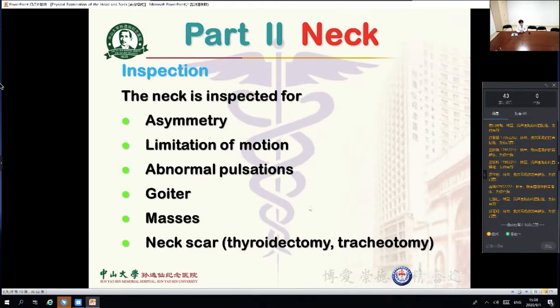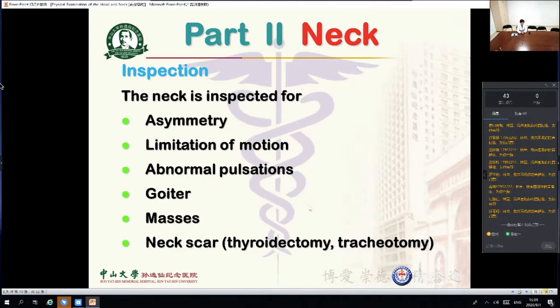It should be inspected for asymmetry, and whether the patient has limitation of motion, abnormal pulsation from the neck, any goiter from an enlarged thyroid gland, as well as masses in the head and neck region.